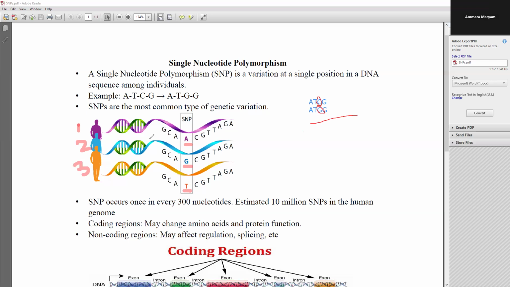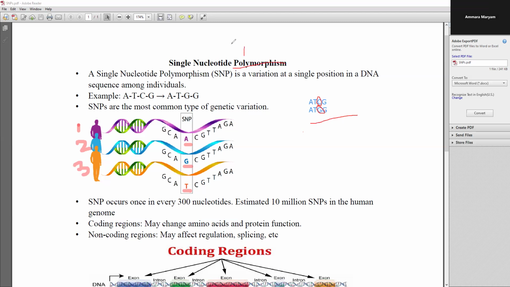Now, this single nucleotide change at this specific locus is basically making you unique. These SNPs occur approximately once in every 300 nucleotides, which means you can say that the human genome roughly contains 10 million SNPs. So SNP is basically a change in a single nucleotide at a specific position, because it's a kind of polymorphism.